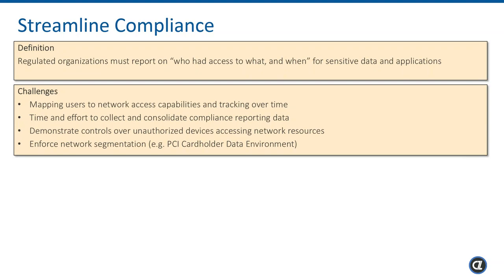And this is a big challenge. I've seen this 6 years ago when I started working in identity management and identity governance, and it's certainly continued to be the case that this can be a pretty significant compliance reporting burden on organizations. And trying to understand and map what users have access to across the network over time is very difficult, especially when you're in an environment that has multiple network technologies and network tools that, by definition, aren't working at the user layer.